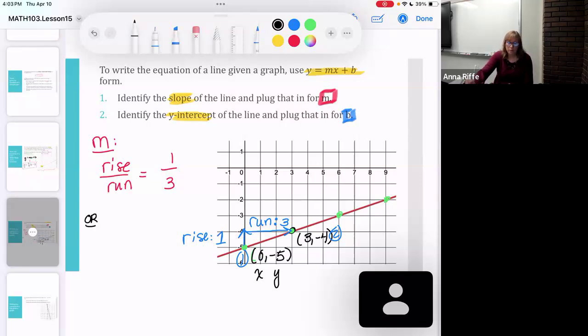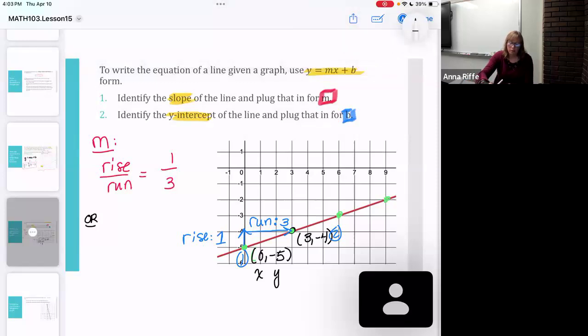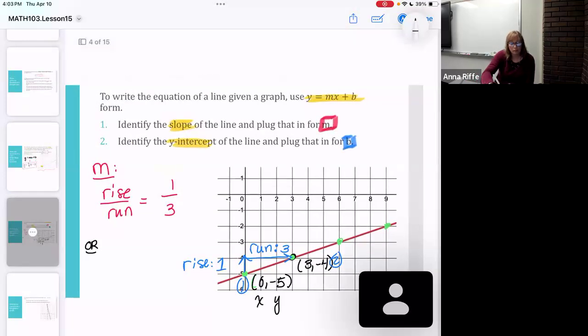Another way is we could remember that we have another formula that we talked about last time. If you want to find the slope given 2 points, then it is y2 minus y1 over x2 minus x1. That works perfectly well to find the slope. Let's call point 1 x1, y1. Let's call point 2 x2, y2.